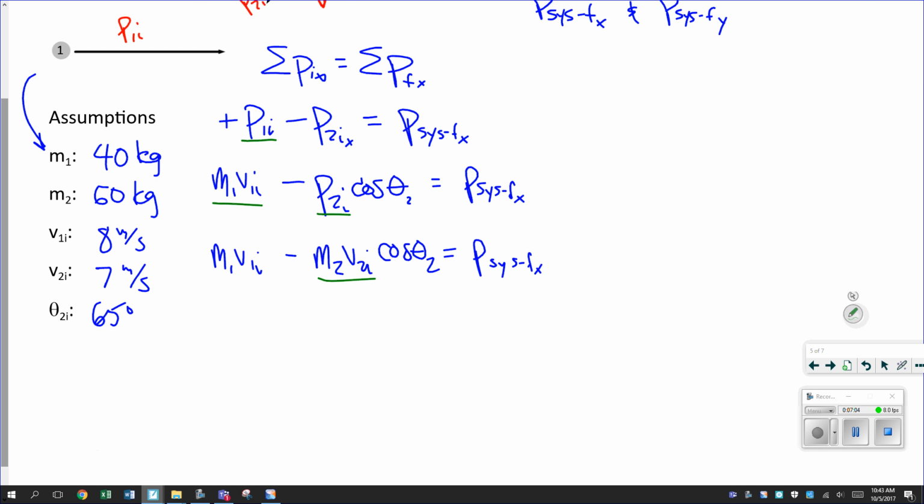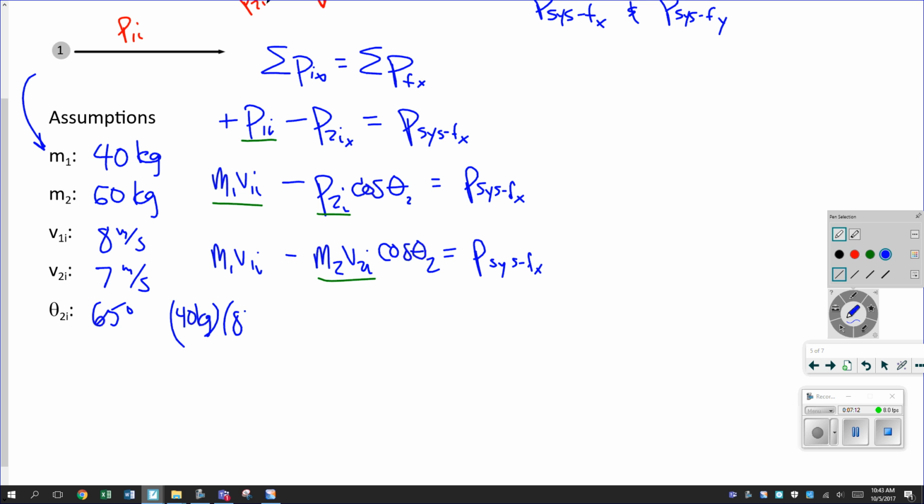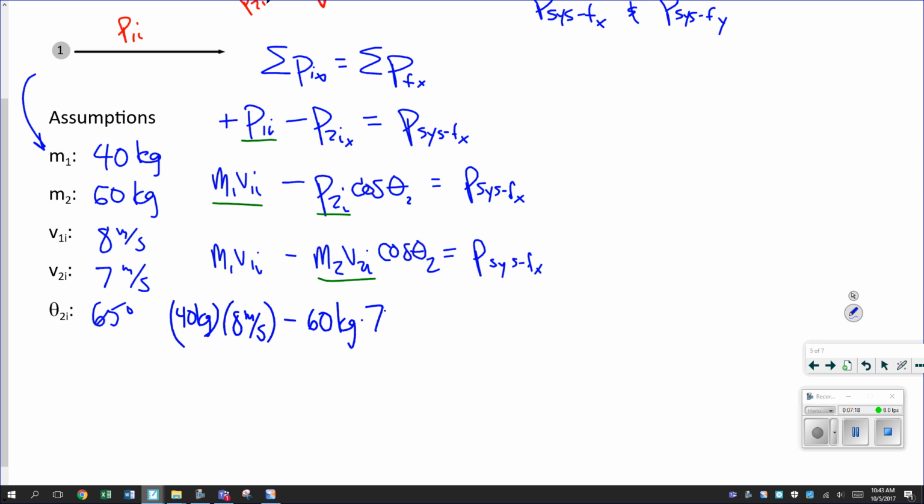M1, I'm going to just solve now. M1 is 40 kilograms, V1 initial 8 meters per second, minus 60 kilograms times 7 meters per second times the cosine of 65 degrees.